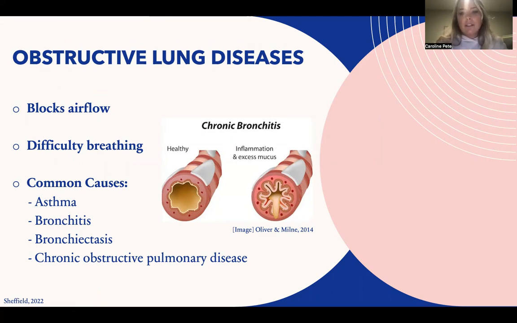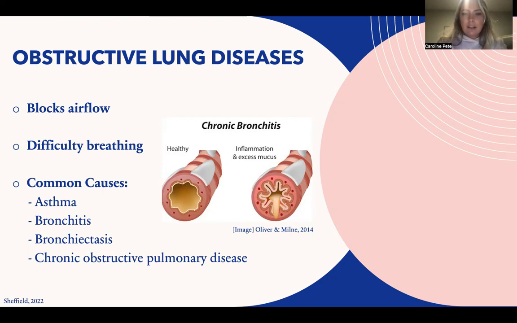Common causes of obstructive diseases include asthma, bronchitis, bronchiectasis, and chronic obstructive pulmonary disease. Asthma, which is often triggered by allergens, infections, exercise, cold air, or irritants, has inflammation or smooth muscle contractions that cause the respiratory tubes to narrow.